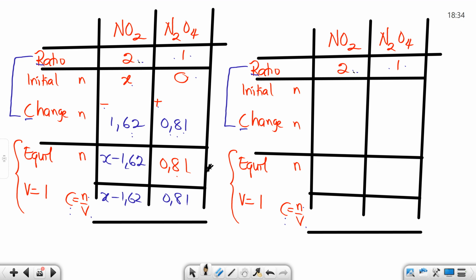Won't the N2O4 become a reactant? No, it's still a product. According to a reversible reaction, it's a process where the product can be converted. It doesn't mean it has become a reactant. But can't you swap it around? Don't swap it, please. No. Just follow the process. Yes?